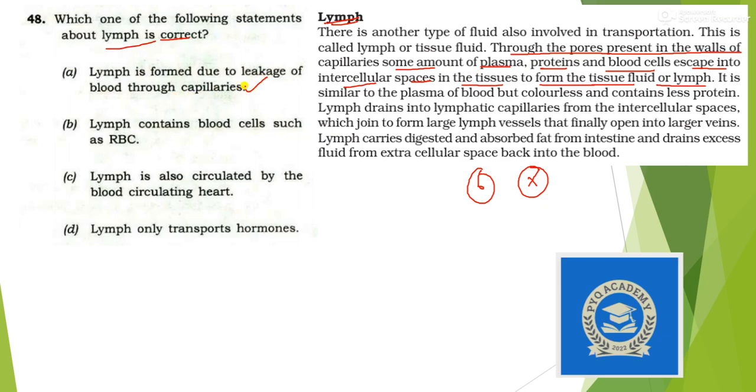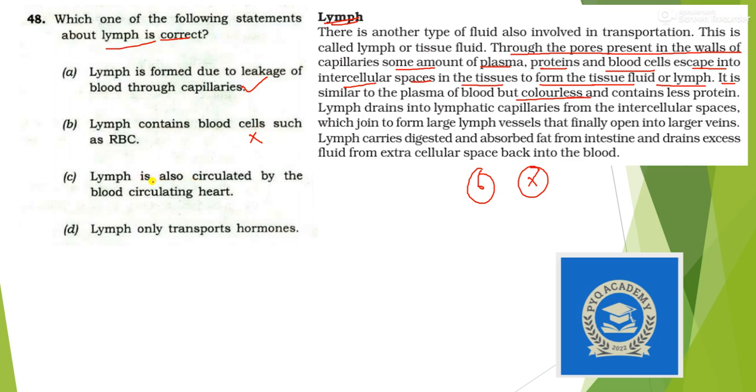Yes, this is true. It is similar to plasma of blood but colorless. Lymph contains blood cells called RBCs? No. If it contained RBCs, it would have a red color, but it is colorless, so this is wrong.